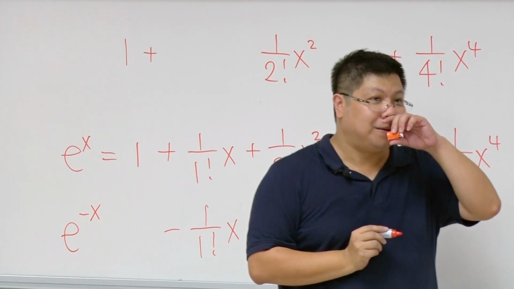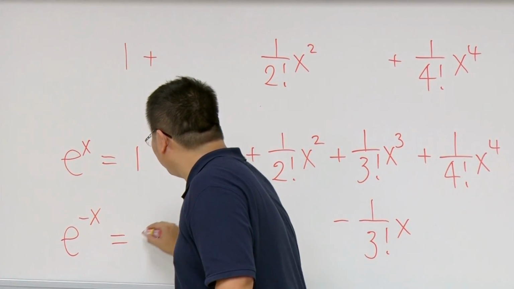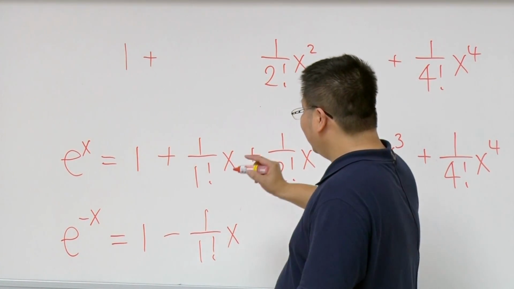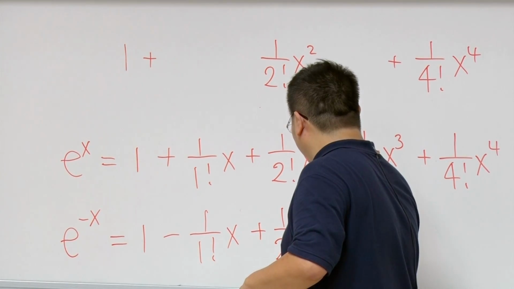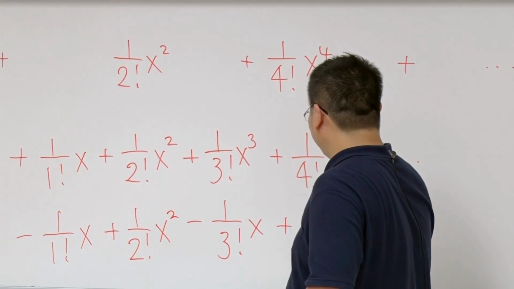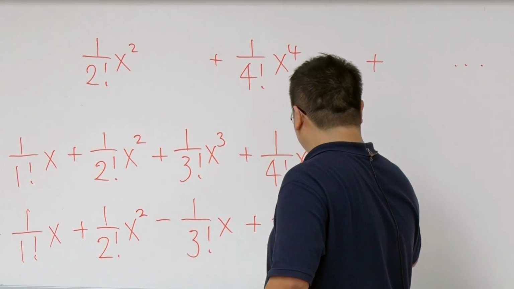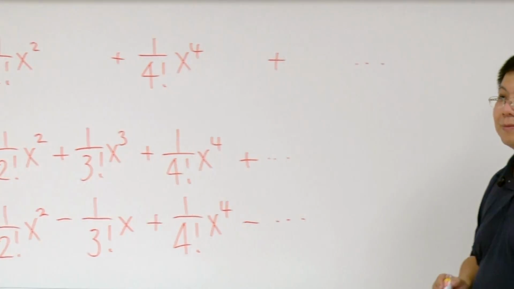e to the power minus x. This is a super useful one. What is e to the power minus x? It's going to be 1, and then minus, and then plus, and then minus, and then plus, and then minus. Is that okay?